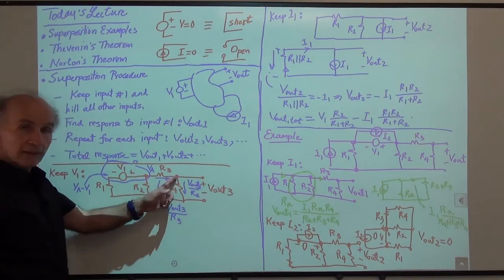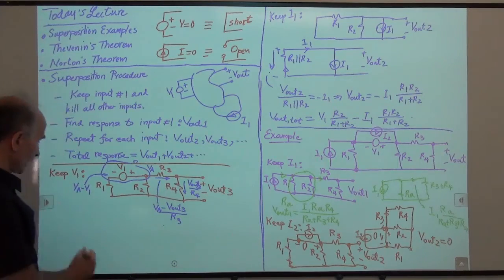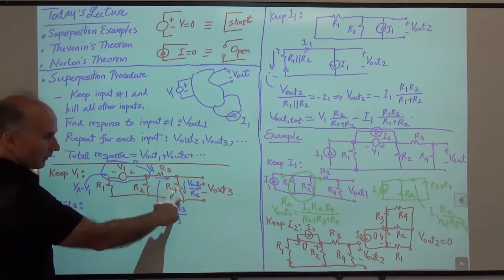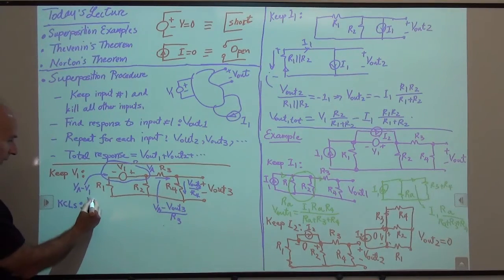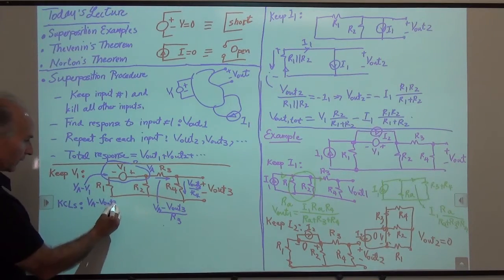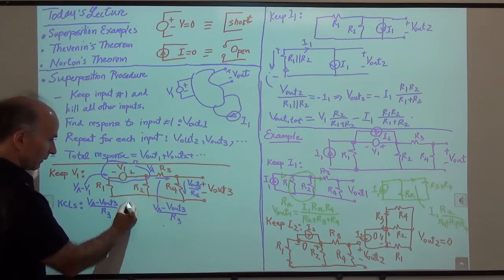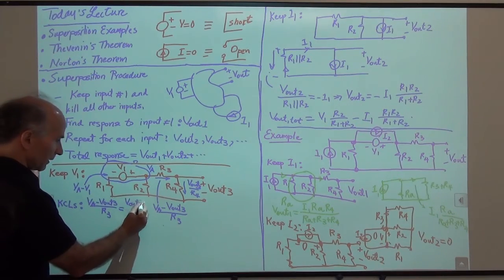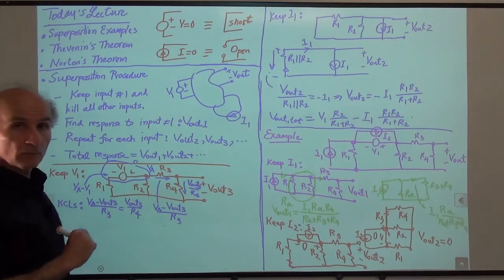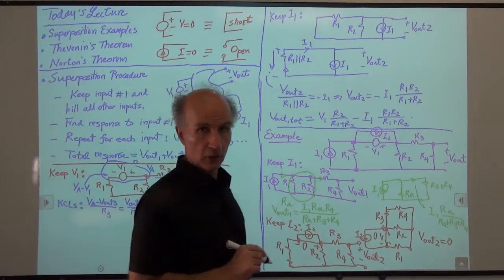So then I can write a KCL here without any trouble. So let's write two KCLs. The first one is this current is equal to that current. So that's VA minus Vout3 over R3 is equal to Vout3 over R4. Okay, that's one simple KCL that we wrote.